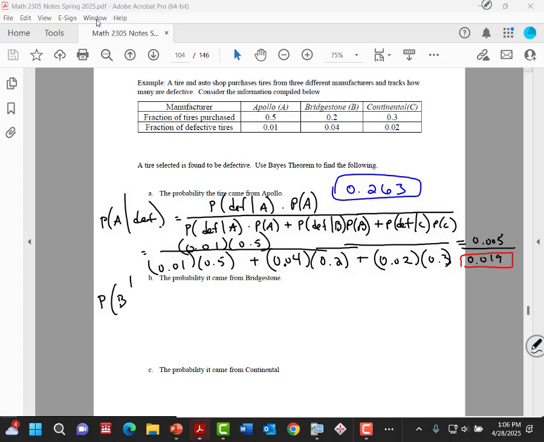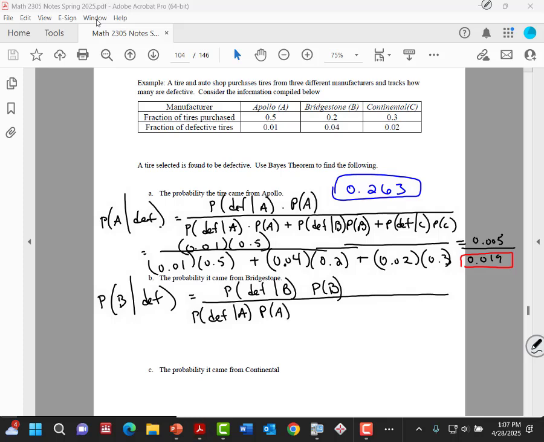The probability of B given defective would be the probability of defective given B times the probability of B over the probability of defective given A times the probability of A plus the probability of defective given B times the probability of B plus the probability of defective given C times the probability of C.